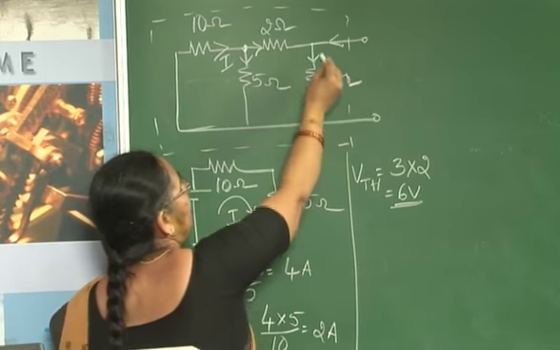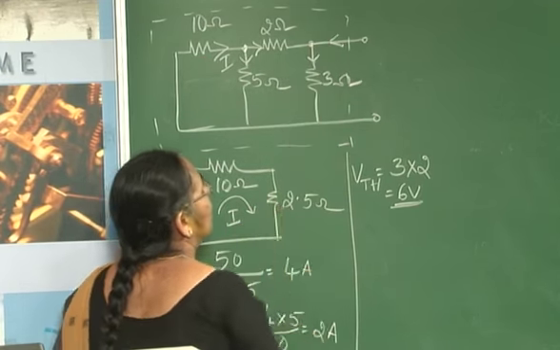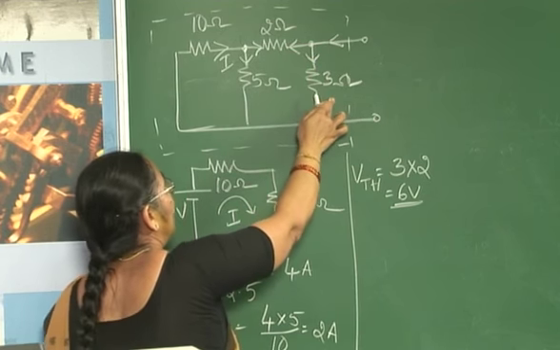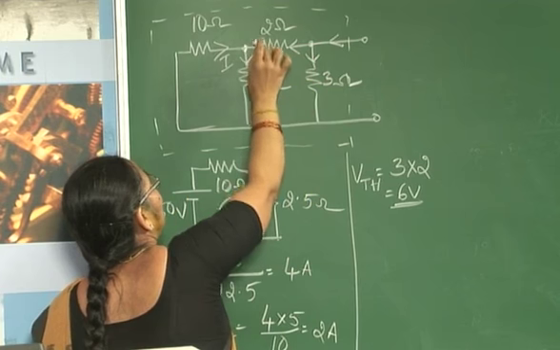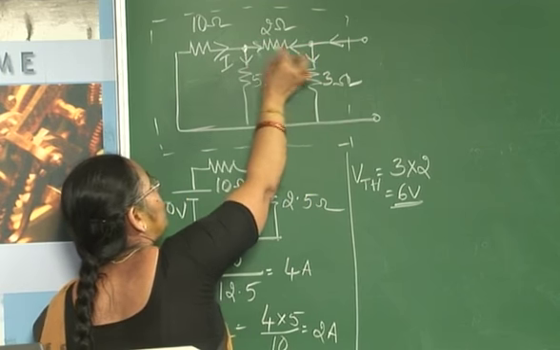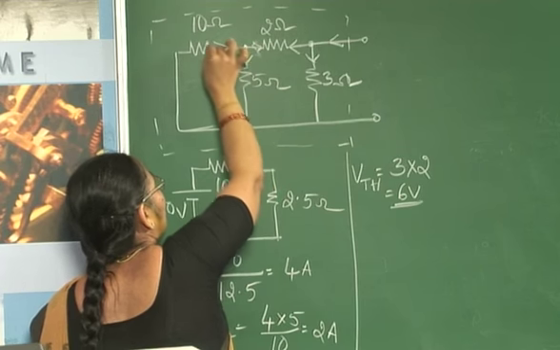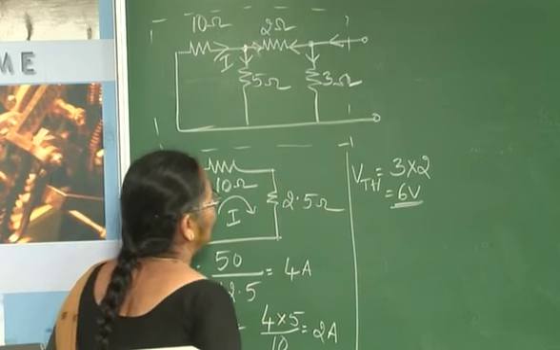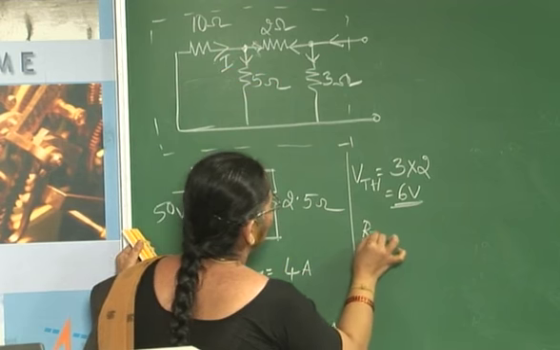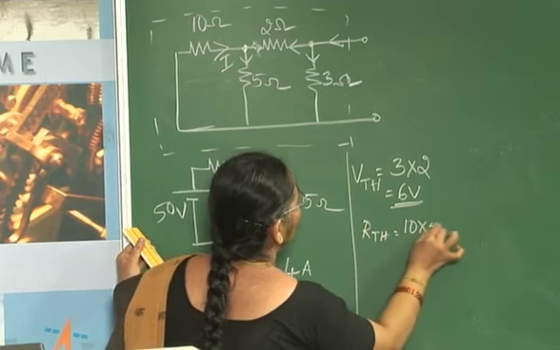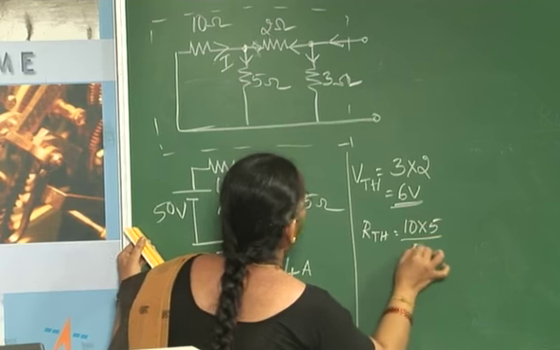That is, by sending a current at this point, I find these two, that is 2 ohms and 3 ohms, they are in parallel. Again, the same current which is flowing through 2 ohms flows through this. So I find that 10 and 5 are in parallel. So R Thevenin in this case is 10 into 5 divided by 15.